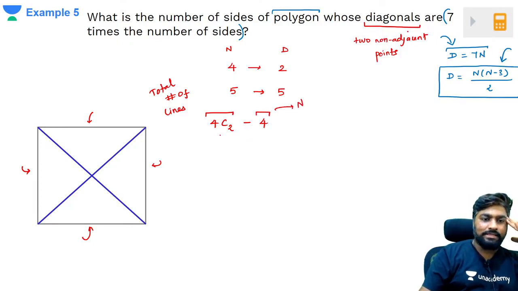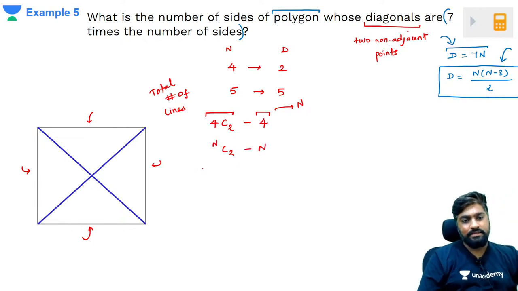So what is this? This is basically nC2 minus n, where n is the number of sides. Say yes if you understand this. Now let's see what this gives us. 4C2 is 4 into 3 by 2, that is 6. 6 minus 4 gives me 2, makes sense.